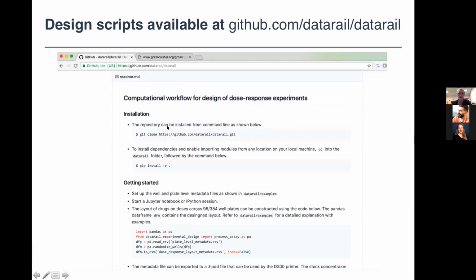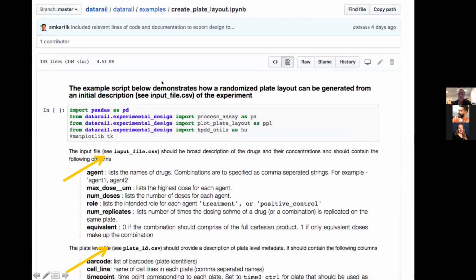For the experimental design component, you essentially feed in several CSV files that include important experimental parameters for what you're interested in looking at. There are examples of these scripts and these CSV files in the GitHub repository. Feel free to browse those and reach out if you have questions or feedback about them.